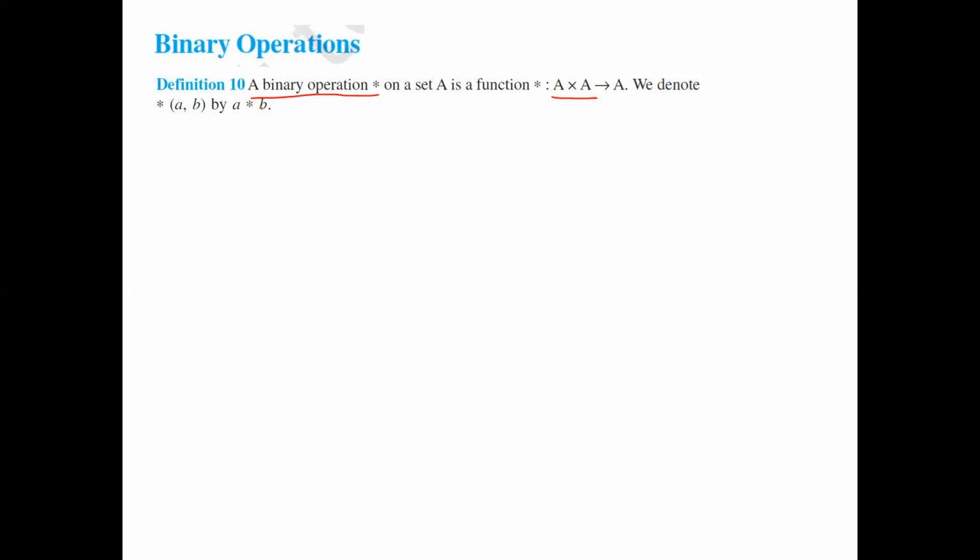What is the binary operation? A binary operation star on set A is a function from A cross A to A. A cross A means what? Two elements are taken. Why is it binary? Binary means two elements, or two numbers.